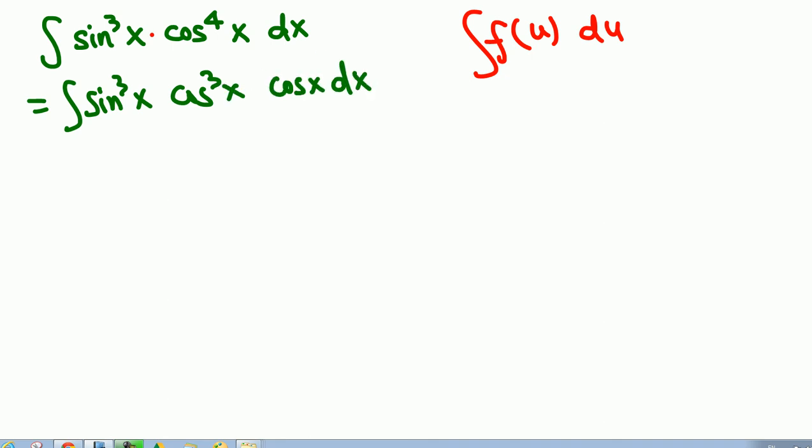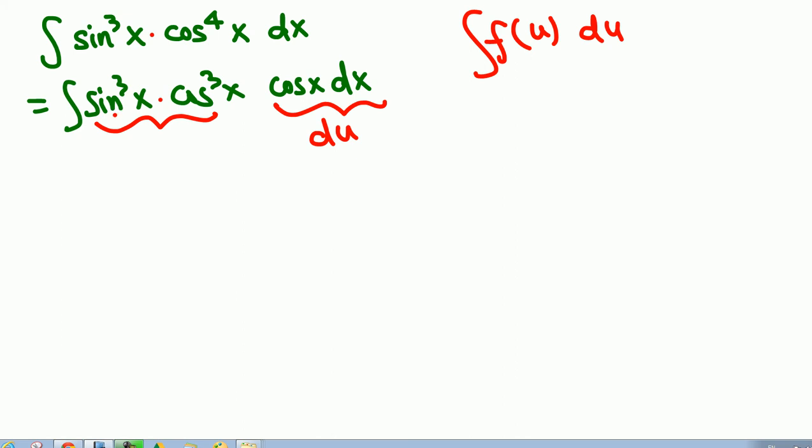I'm thinking to write this as a derivative of u, where u is sine and derivative of sine is cosine. Now the question is, can we write this product as a function of sine? If we are able to, then we'll have some function of sine and derivative of sine, and done.